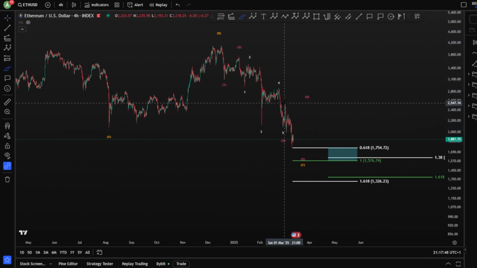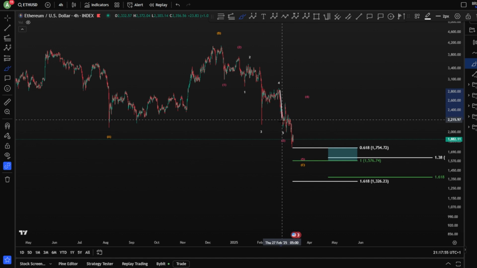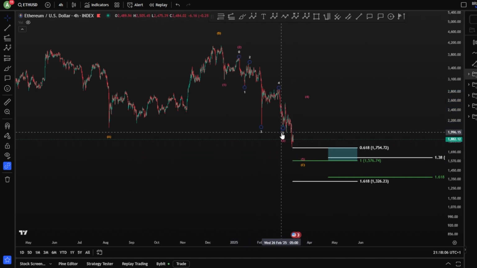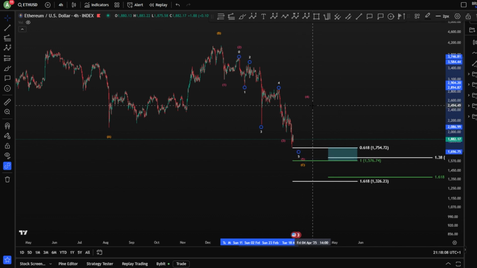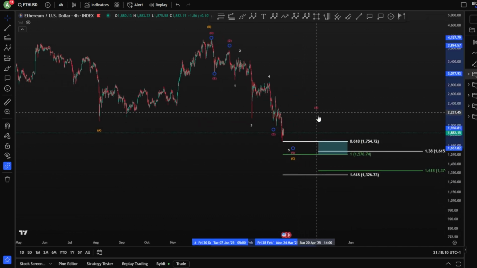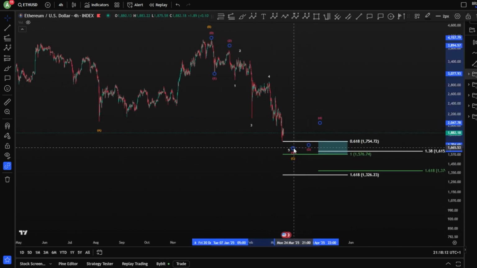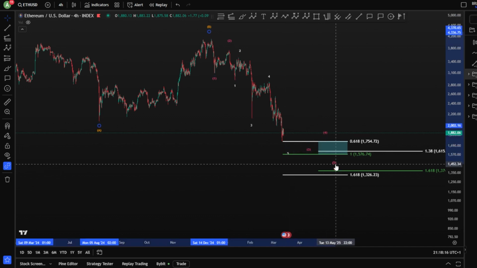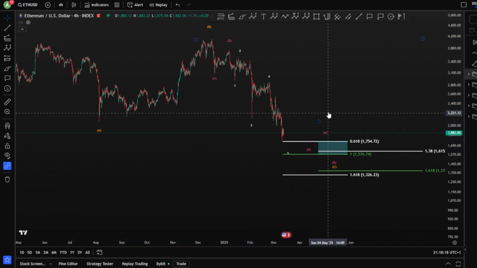Because of the time here, very shallow, it gives me the idea that this wave belongs to this wave and not a wave 5, meaning this might be a wave 1, 2, 3, 4, and a 5, finishing wave 5 in white, meaning shifting, of course, these counts lower and potentially finishing wave C there.